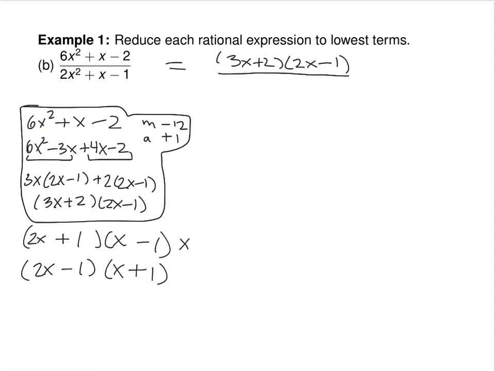So you got 2x plus 1, x minus 1. If you don't like that method, you can use the other one still. It's not going to be wrong. It's just that that way is a bit faster. And now, are there any common factors that can divide out or cancel? 2x minus 1s. And that reduces to 3x plus 2 over x plus 1.